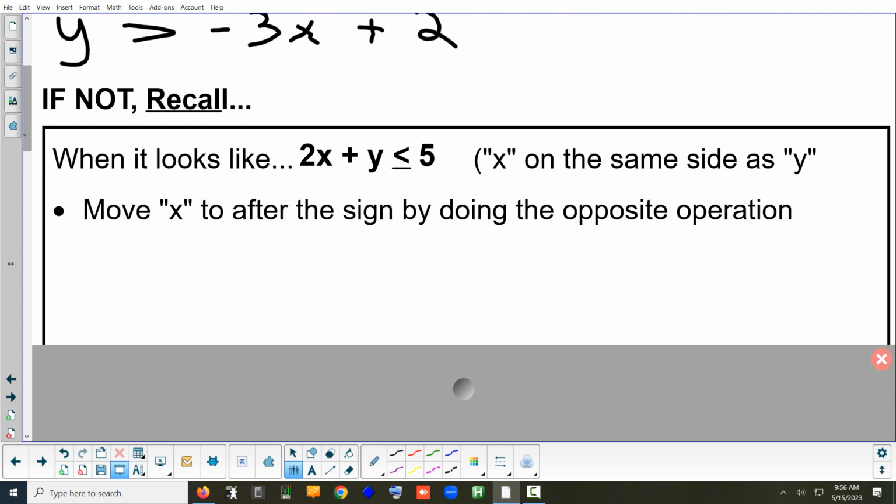So we've got a bullet you guys can write down: move x. I wouldn't put 2, I would just say move x after the sign. After means, in this case, on the right, by doing the opposite operation.